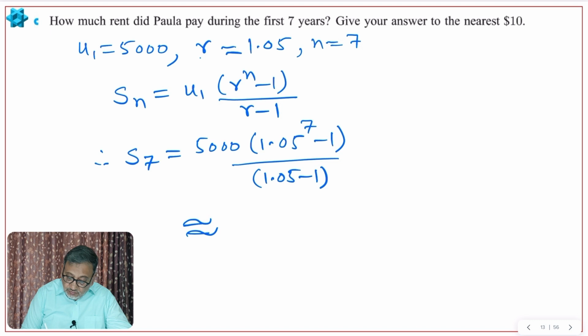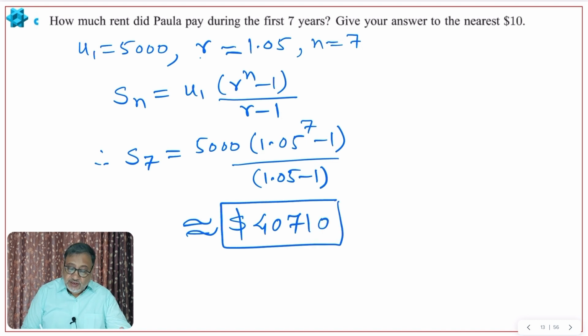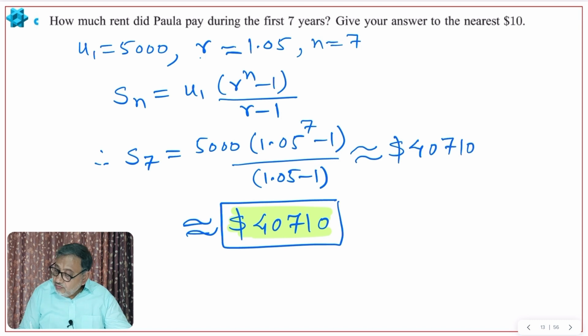Okay, 40710. First they want the full answer, I think, in 7 years. Give your answer. No, that's it. Yeah, this will be the answer. Actually, this answer is $40710.04, but then this will be the final answer.